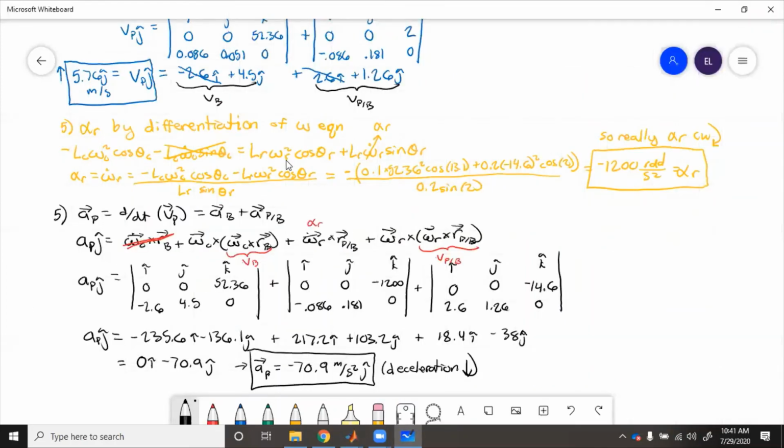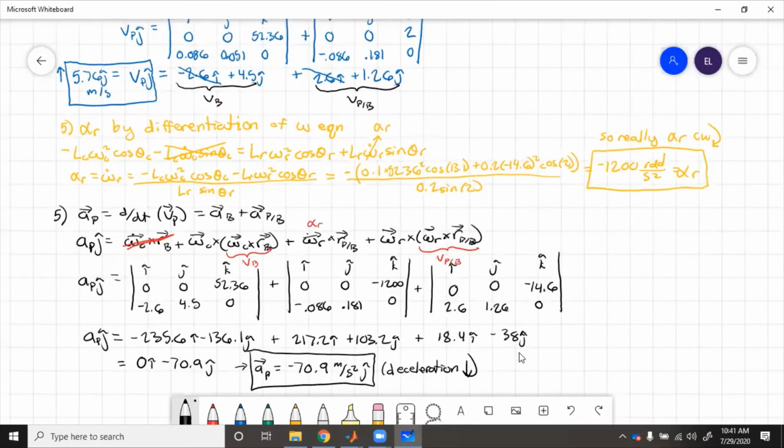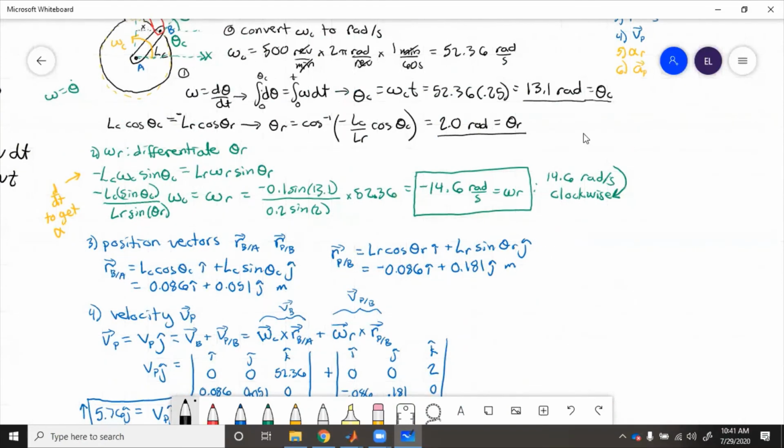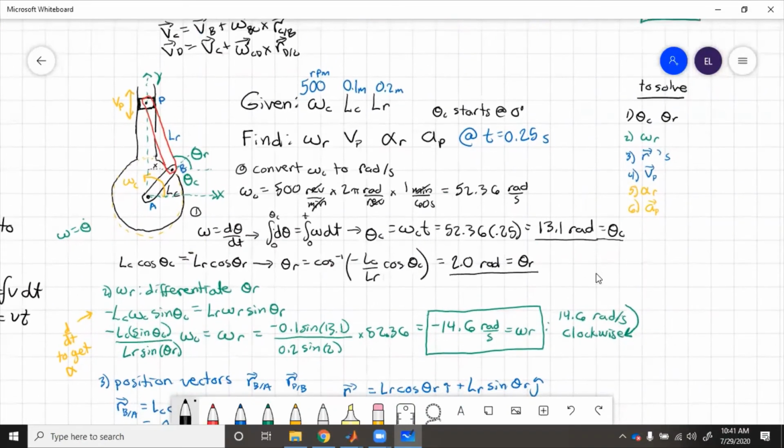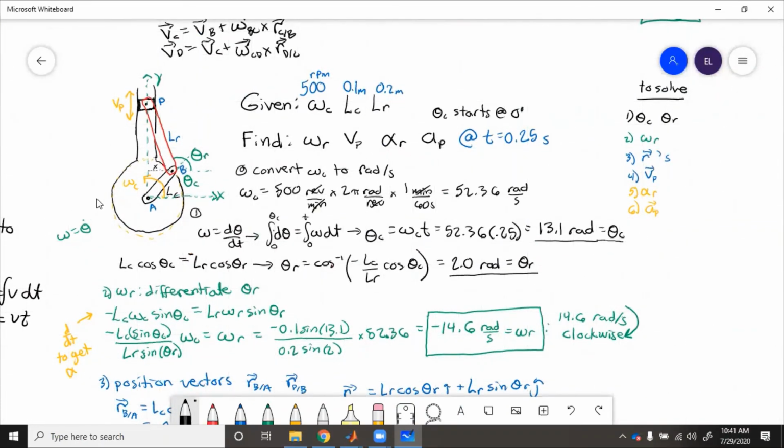So to recap what we did for this problem, we were given the constant angular speed of the crank and the lengths of the crank and the rod, and we need to find velocity and acceleration of the rod and the piston. So we started off finding angles by geometry and integration.